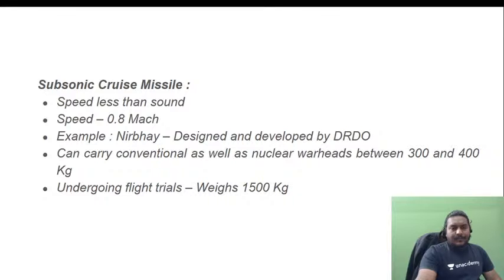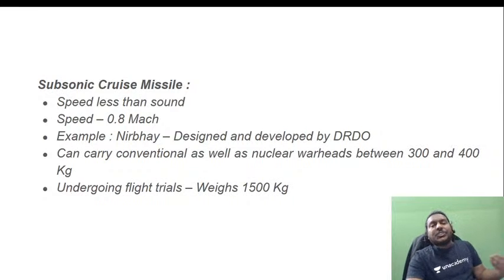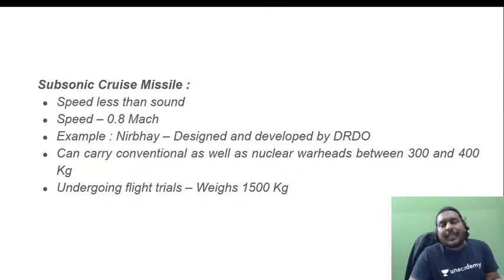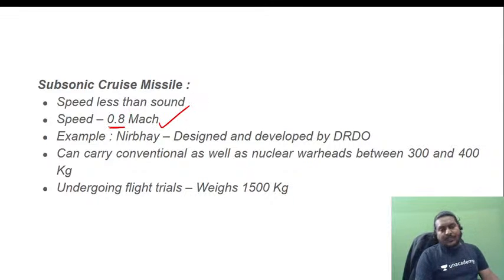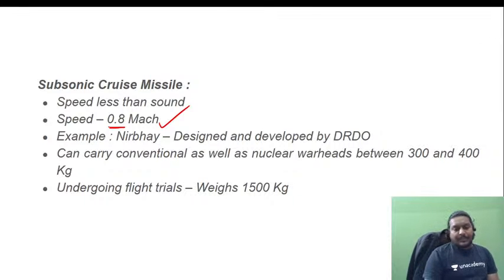Now going further, what is subsonic? I said 1 Mach speed is something indicating a sonic. So subsonic is nothing but which is less than the speed of sound. So the speed could be 0.8 Mach. And the example for this is definitely a missile called Nirbhay.